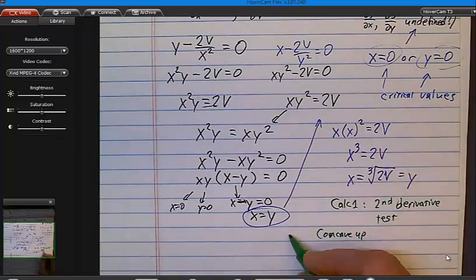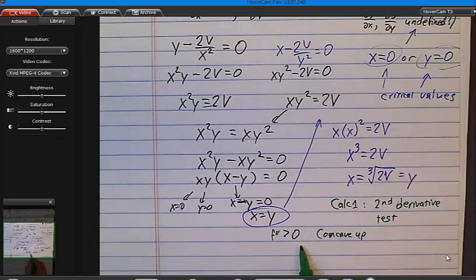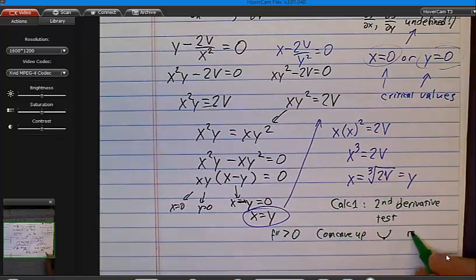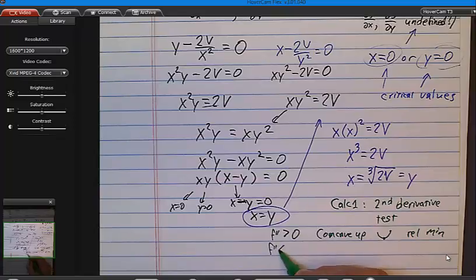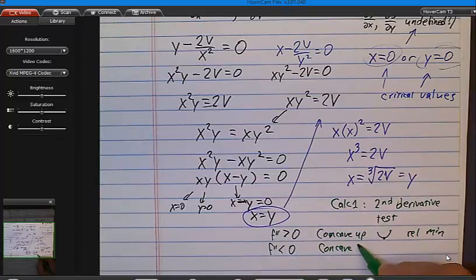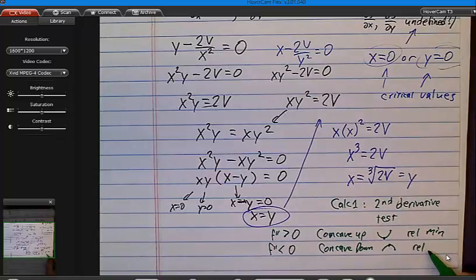If f double prime was positive, greater than 0, concave up, cup, meant that I had a relative minimum. You guys remember that? F double prime negative meant concave down, frown, meant I had a relative maximum. You guys remember that? Okay.